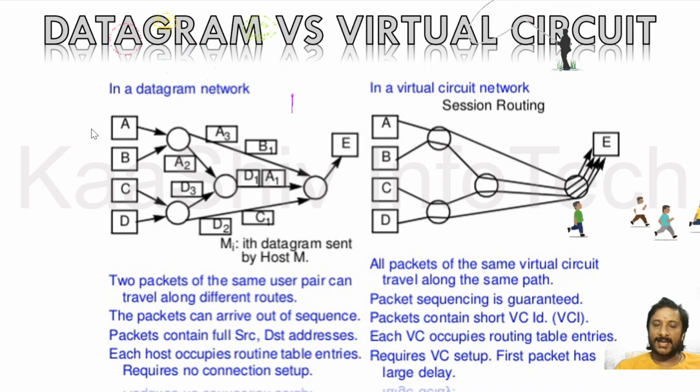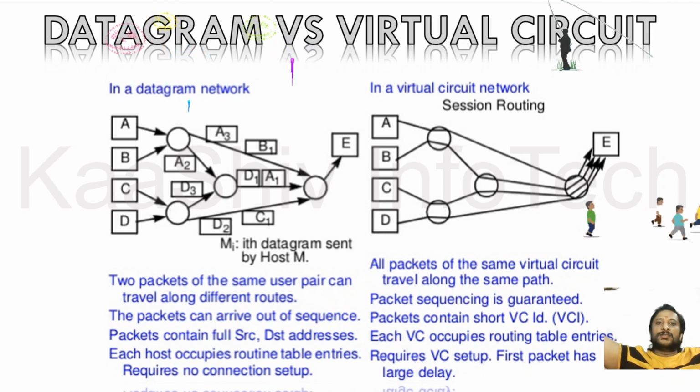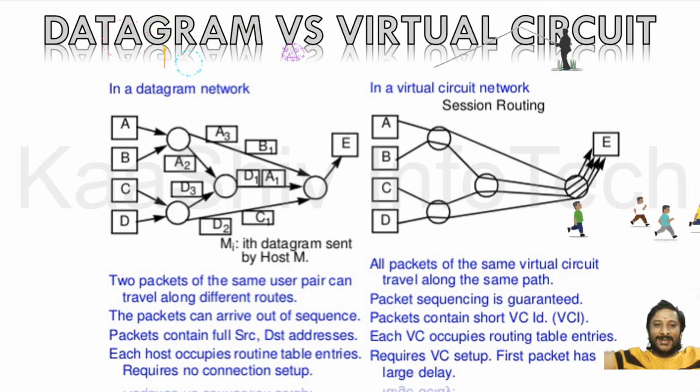For example, I, Venkat, am sending data to two of my friends, Krishu and Jayant. While sending this data to the two people, I'm sending it along different paths, and it can still reach the destination. That is how your datagram network works.